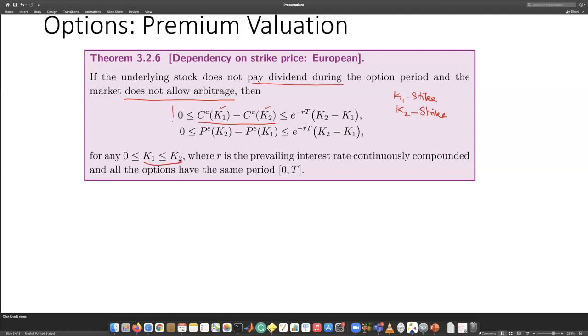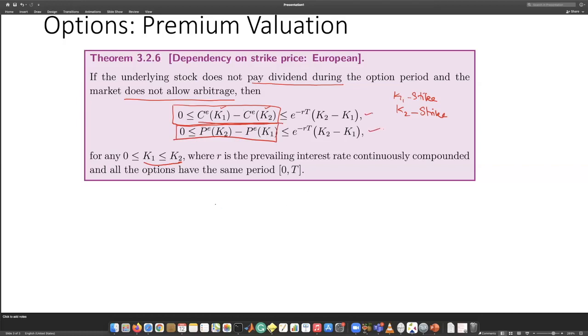So the lower bound shows that the option price in the case of call option is a non-increasing function, whereas in the case of put option, it is a non-decreasing function, you can see from the second line. And similarly, if you see the upper bound, you can see that they satisfy the Lipschitz condition.